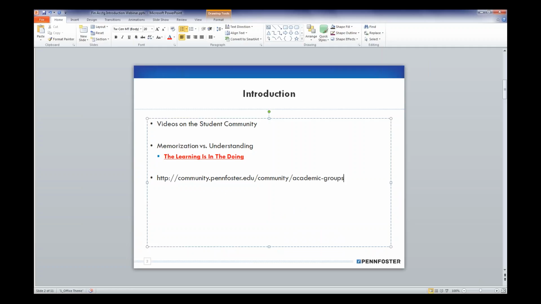So this here is the web address in order to get out to the student community.